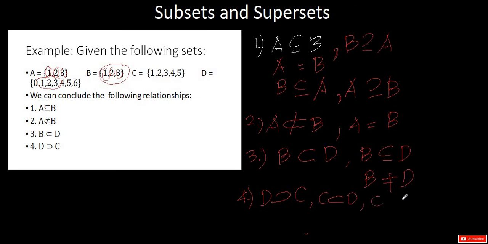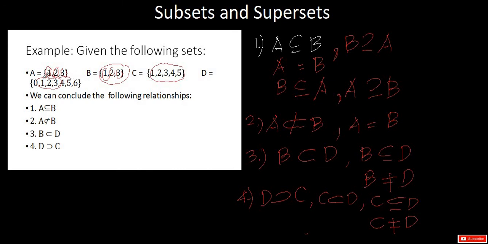First, C is a subset of set D, and second, C is not equal to set D. Let's check if set C is a subset of set D, if all the elements of set C are also elements of set D. We have here all the elements of set C, 1, 2, 3, 4, and 5. Let us check if these elements are also elements of set D.